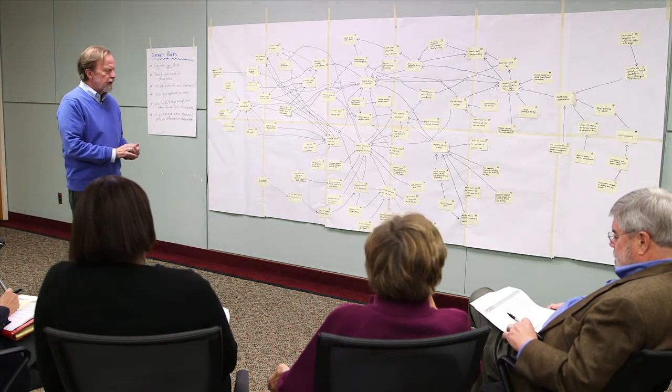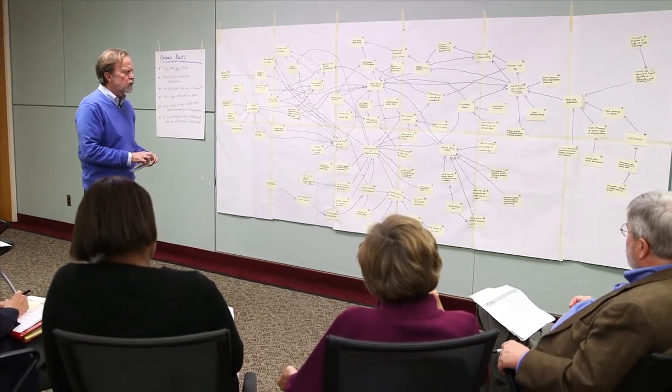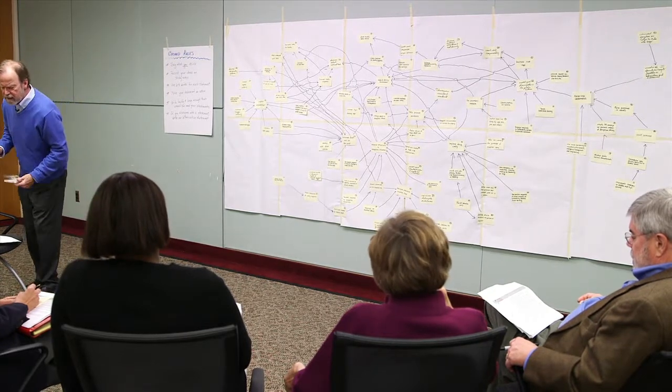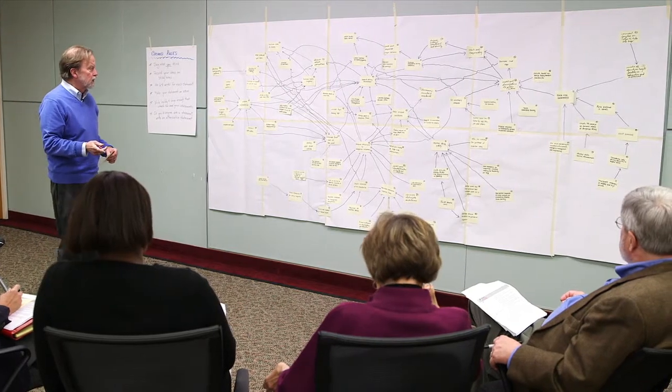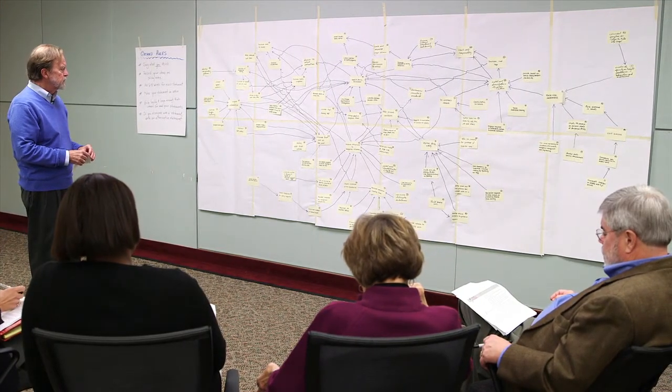We need to do some analysis of this map, and one of the first places to start is to look for really busy concepts. A busy statement is one that has lots of arrows in and lots of arrows out. So can anybody see some really busy statements here?